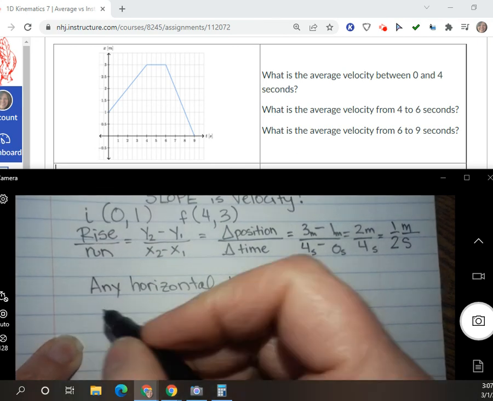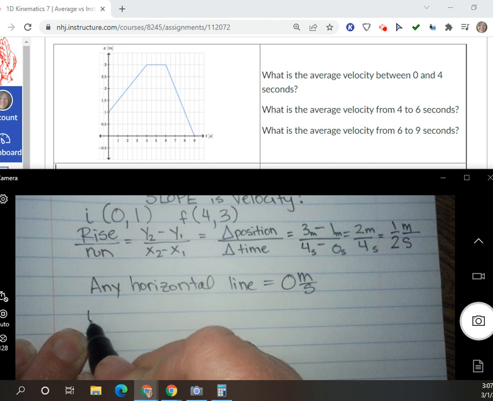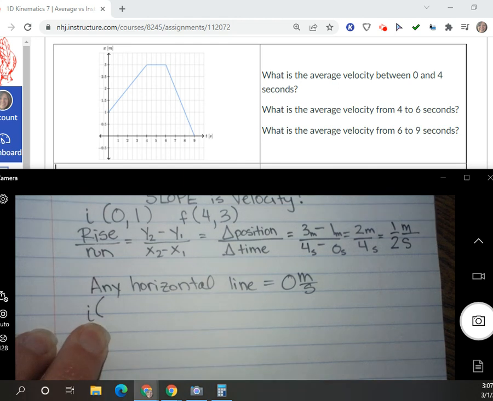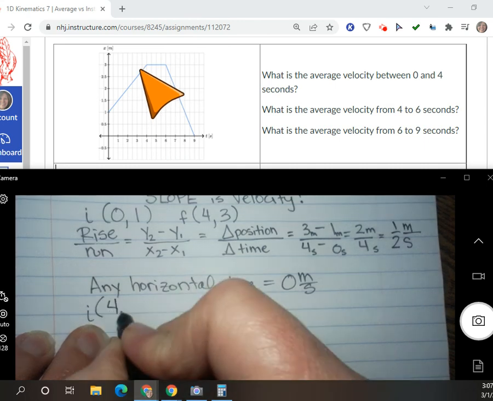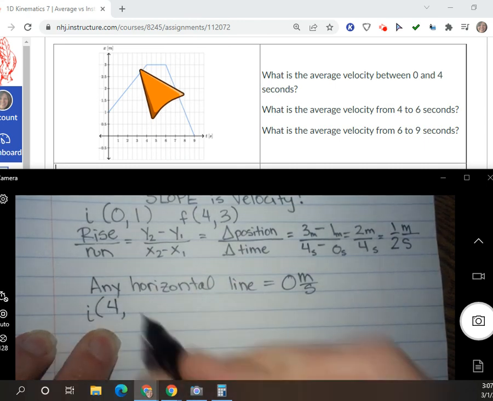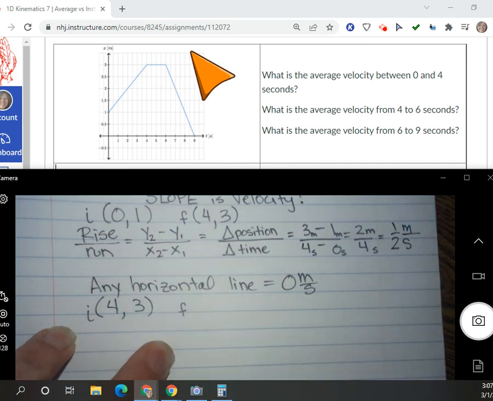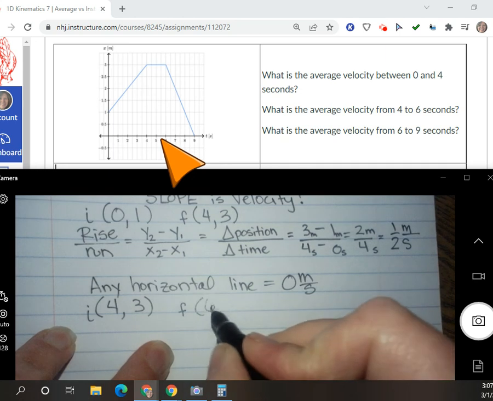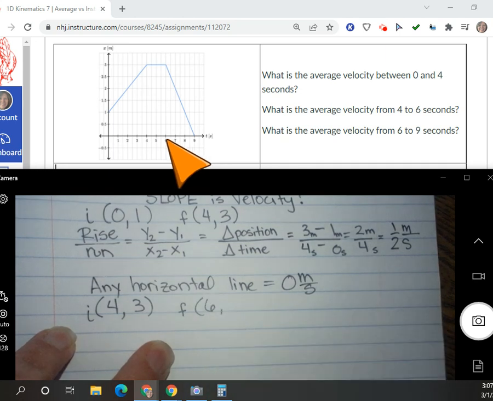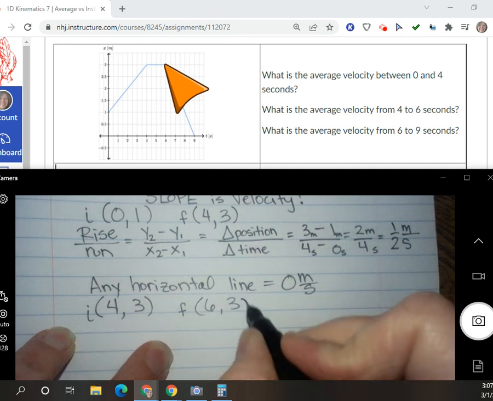Our initial point, the first point, has x as 4 and y as 3. And our final point, at 6 seconds, has x as 6, because that's the time it's asking us for, and y is 3.